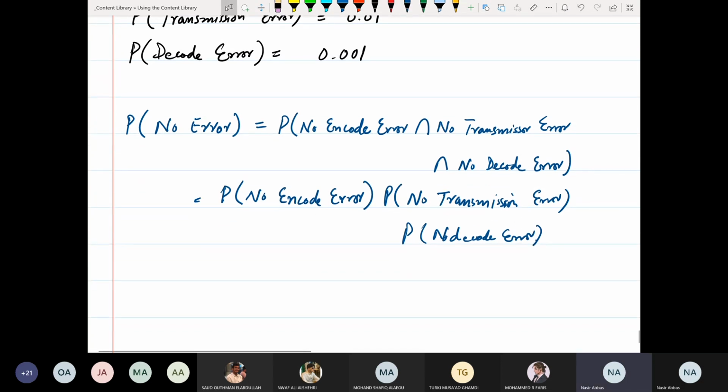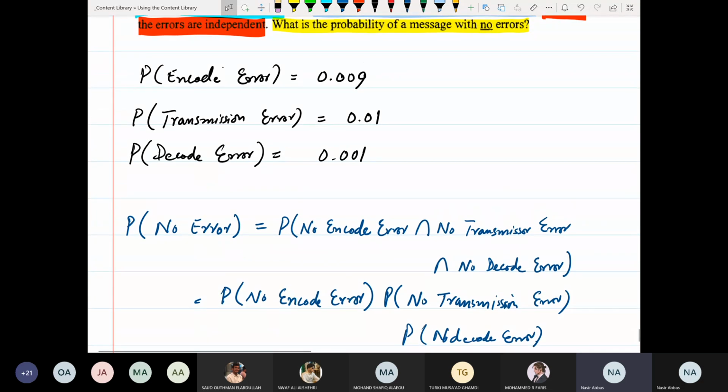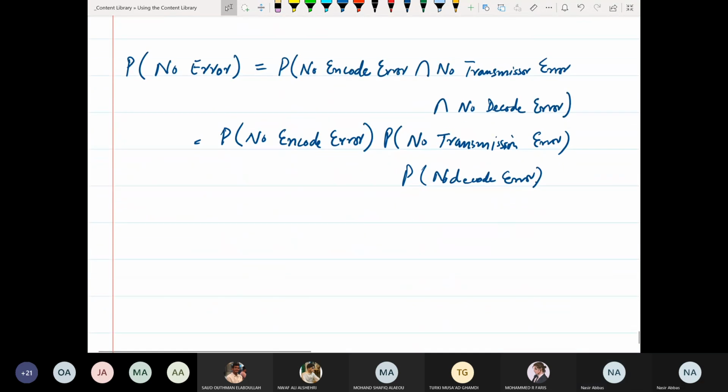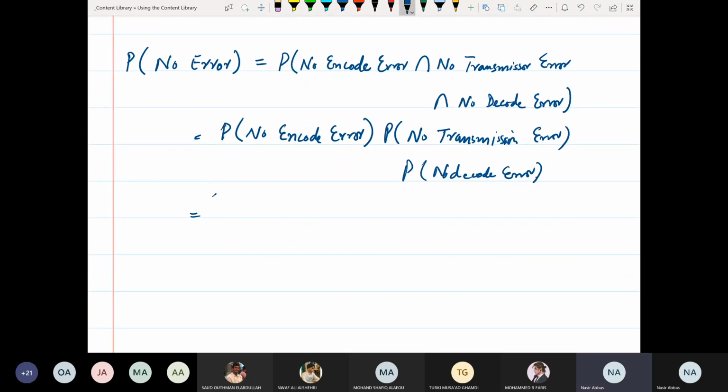So the probability of no encode error, you have the probability of encode error. No encode error will be 1 minus 0.009. No transmission error will be 1 minus 0.01. No decode error will be 1 minus 0.001. This will give you the answer. That's the direct way of doing this question.